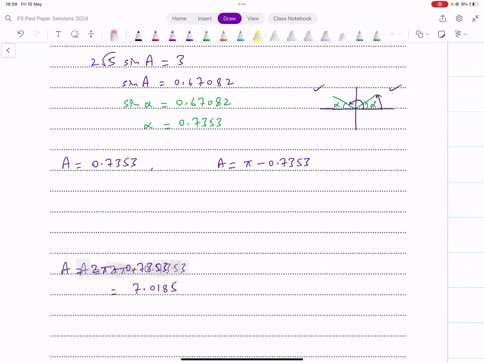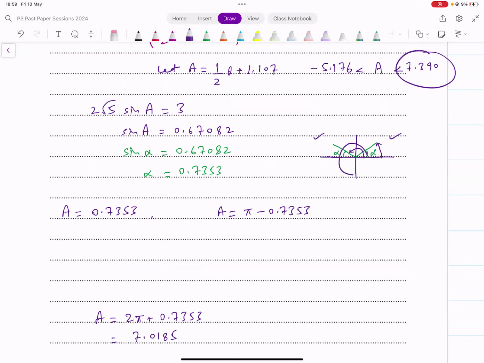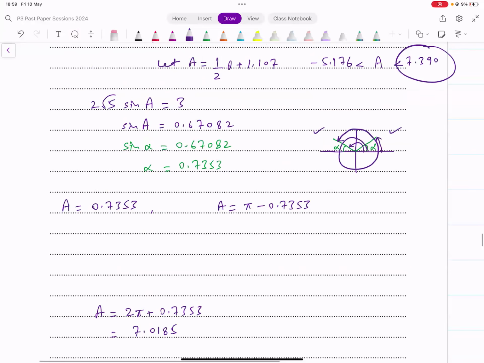Then you can try going here again, but that's going to be outside the interval, so we don't consider that. We're already very close to the upper limit. The next is going to be outside the interval. Okay. So that's done. Now let's go in the negative direction.